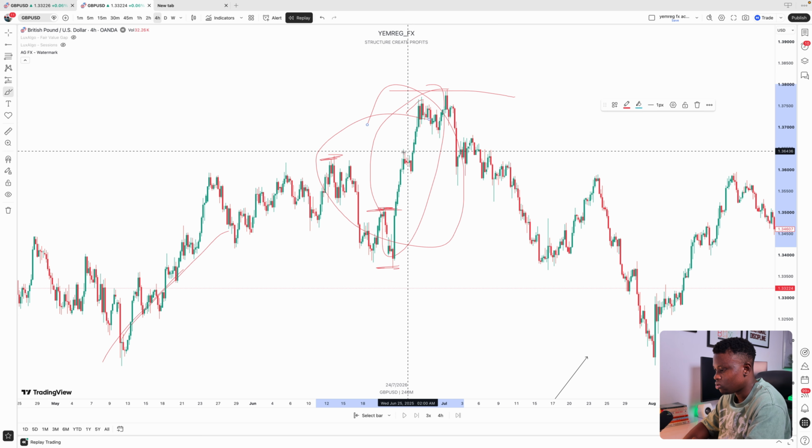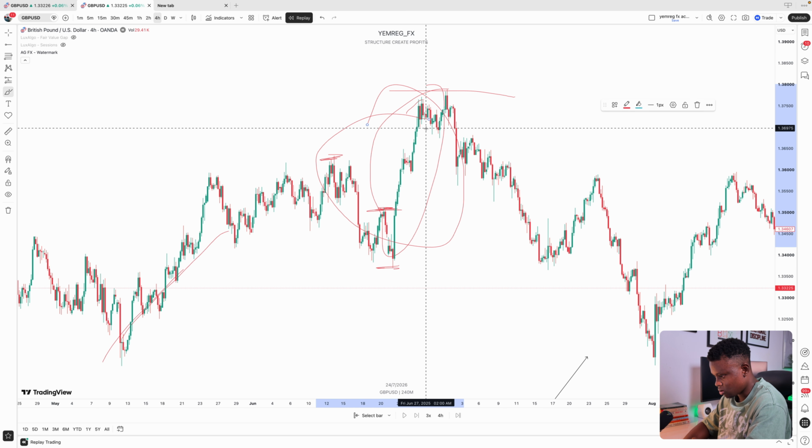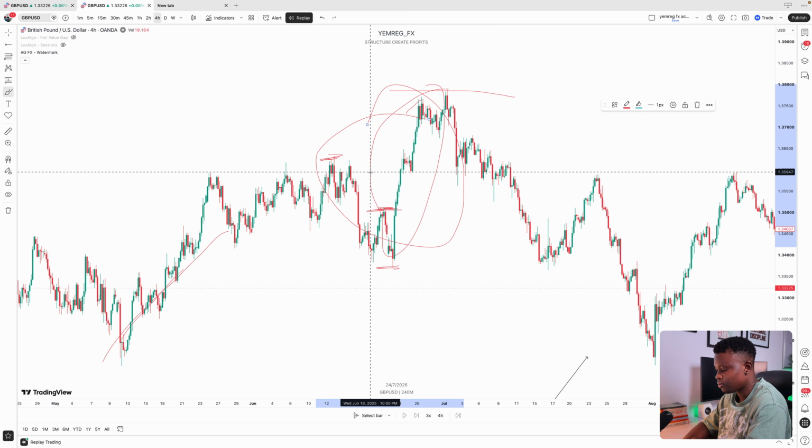Your point of view will determine when you need to get out of the trade and when you need to enter the trade. So now, let's say we are focusing on this part of the chart. This is June, and this is July. So that is more than 1 month of data.